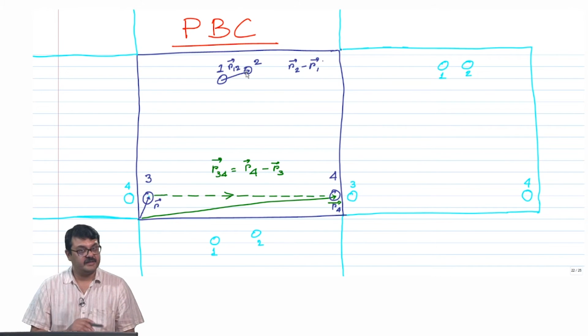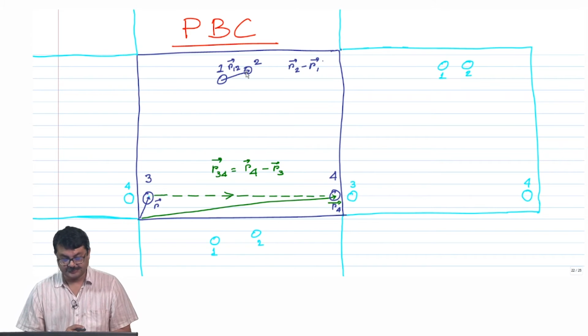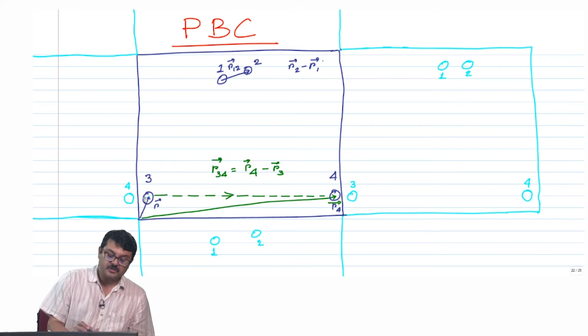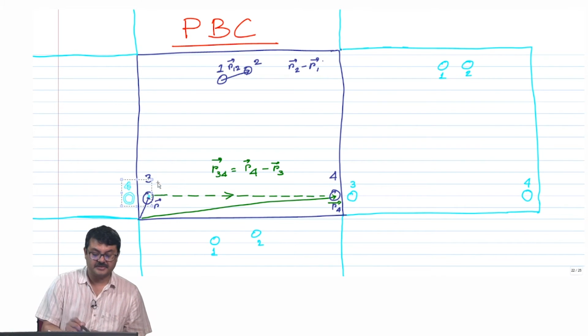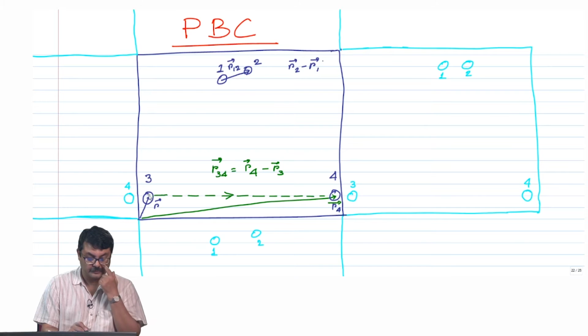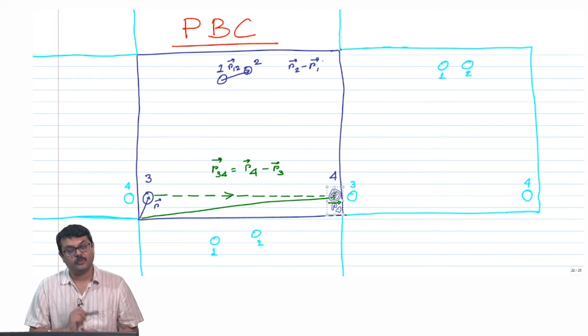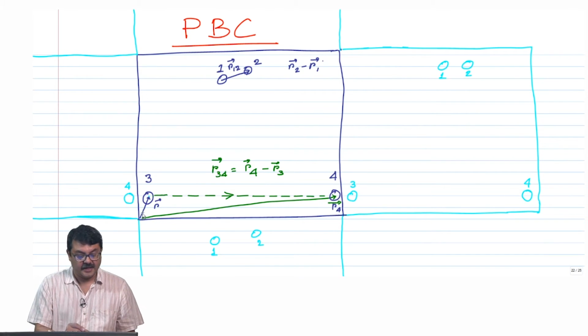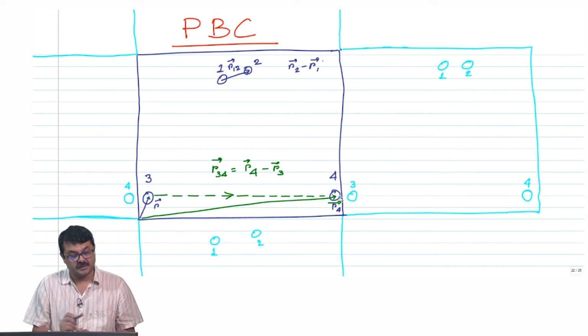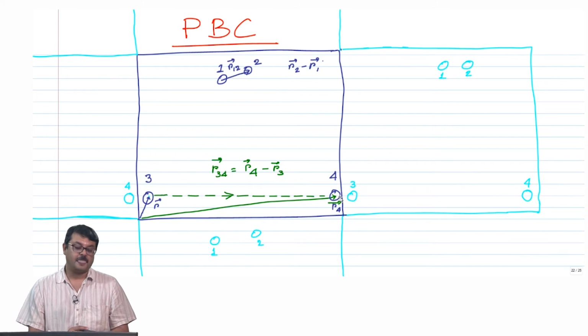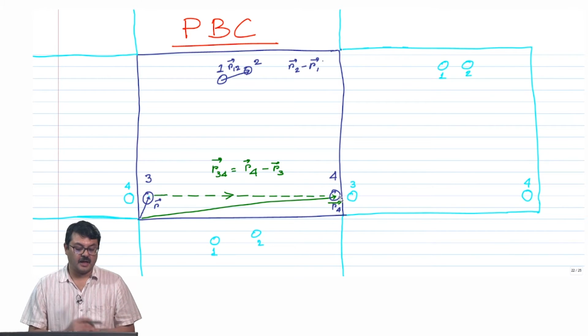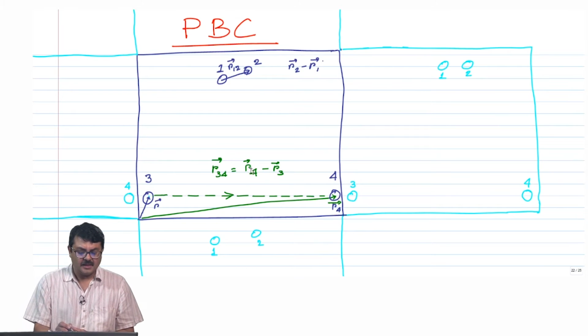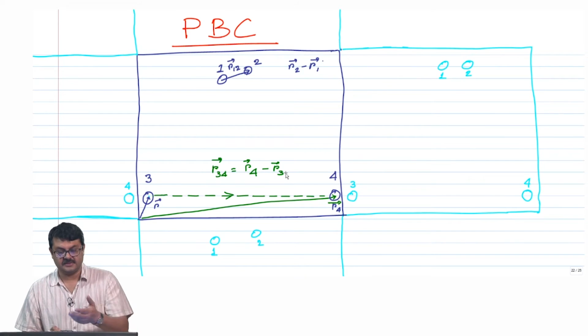Suppose these are relatively close together in space. But this is a box with periodic boundary conditions, and now suppose you had particle number 3 situated here and particle number 4 situated here, and these are the two vectors r3 and r4. Then you would say, well, the vector from 3 to 4 is r4 minus r3, no different from before.